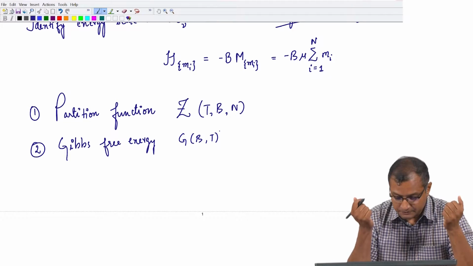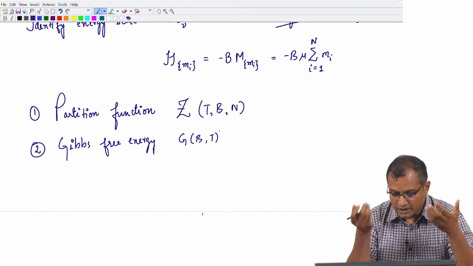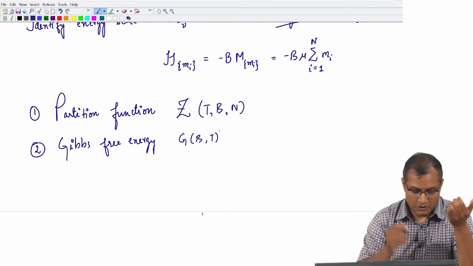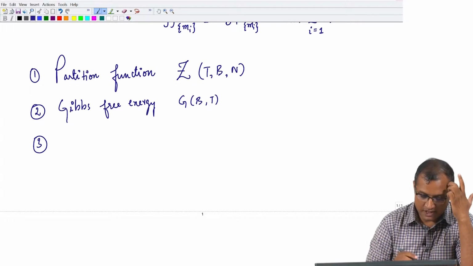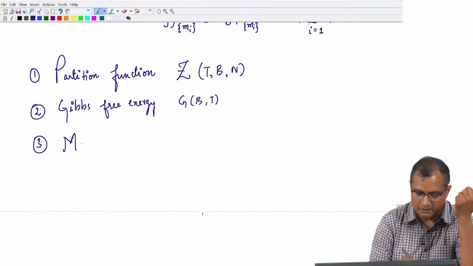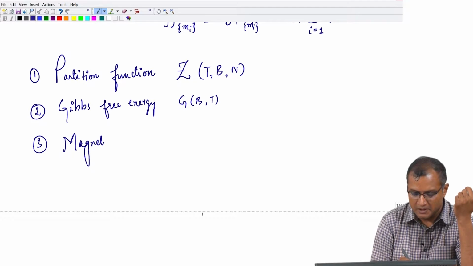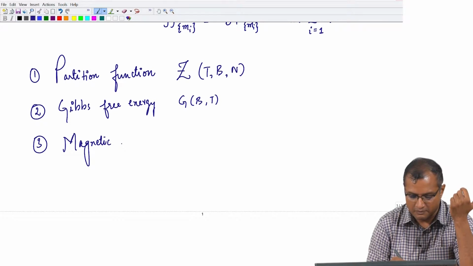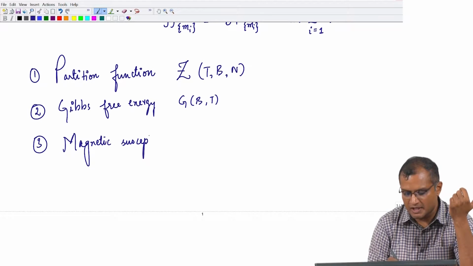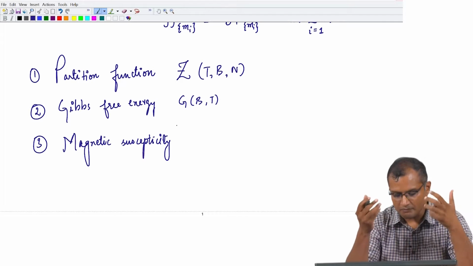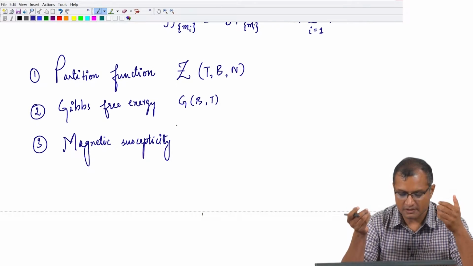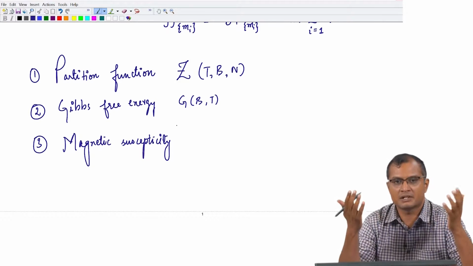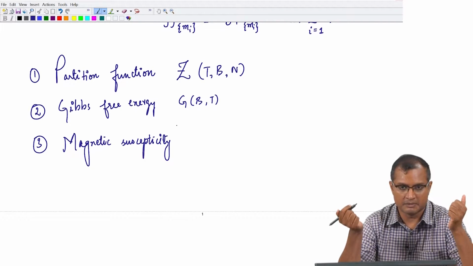Now then, with the Gibbs free energy, you can compute very interesting properties. You can, for example, compute what is the magnetic susceptibility of the system. This is a quantity that will depend on whether the system is close to a phase transition or not, and near the phase transition there will be large values of magnetic susceptibility.